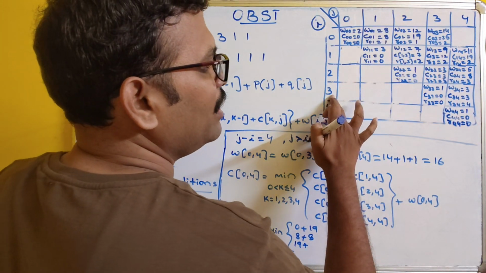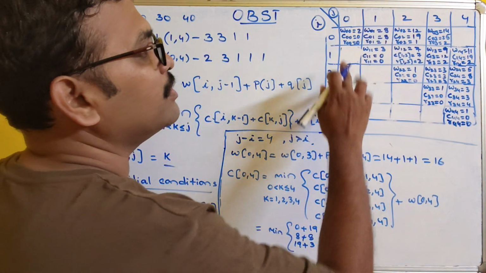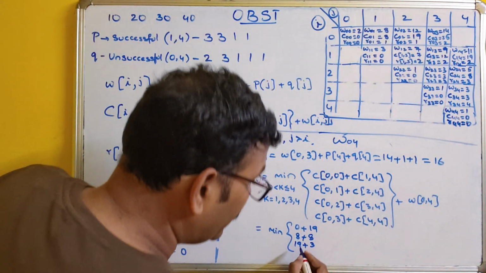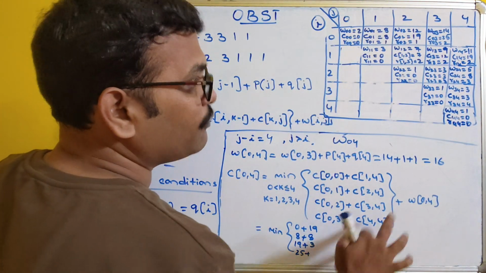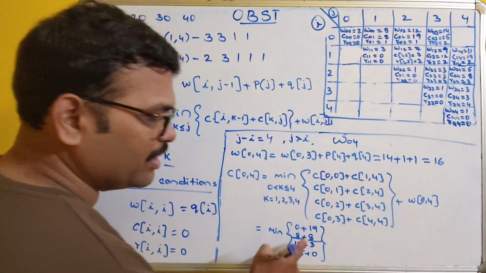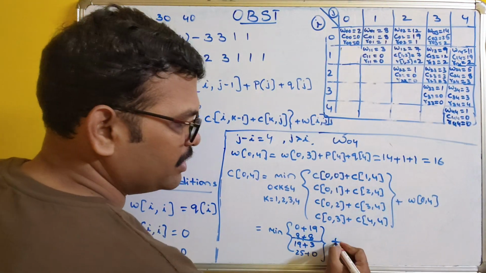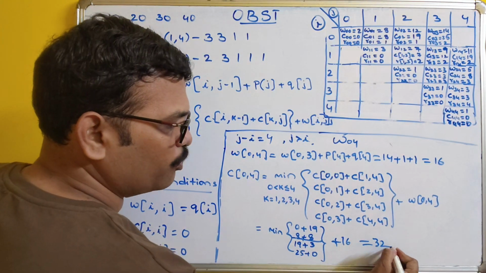C34, it's a 3. C03, 03 is 25. And C of 44, it is 0. So among these, in the second case we are getting the minimum 16, right? So plus 16, which will be 16 plus 16, 32.